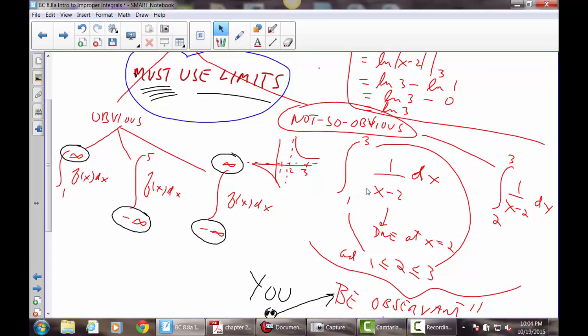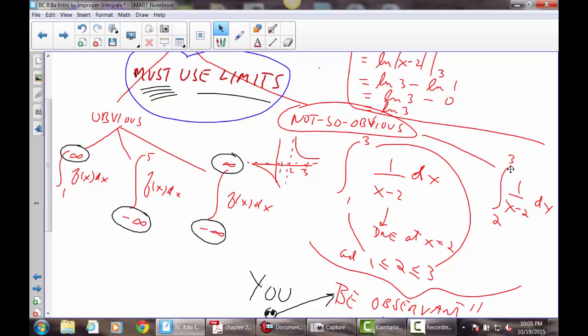So what it means is you now have to look at the denominator and ask yourself, when is this function not defined? And this function is not defined at x equals 2. And then you have to look at the two limits of integration and go, oh my goodness, 2 is between 1 and 3. The other problem is if 2 is actually one of the limits of integration.